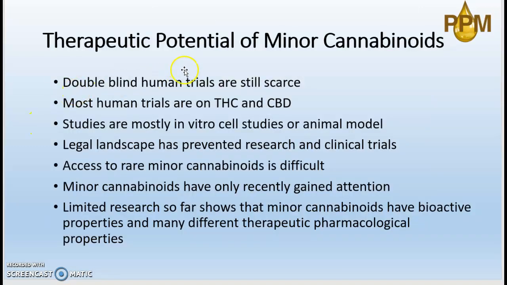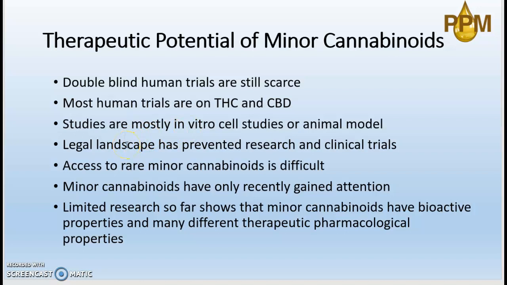There's a lot of therapeutic potential in minor cannabinoids, but one must pay attention to the fact that double-blind human trials are still very scarce, and most human trials are on THC and CBD only. So anything that's now available on minor cannabinoids is mostly on the animal model and in vitro.